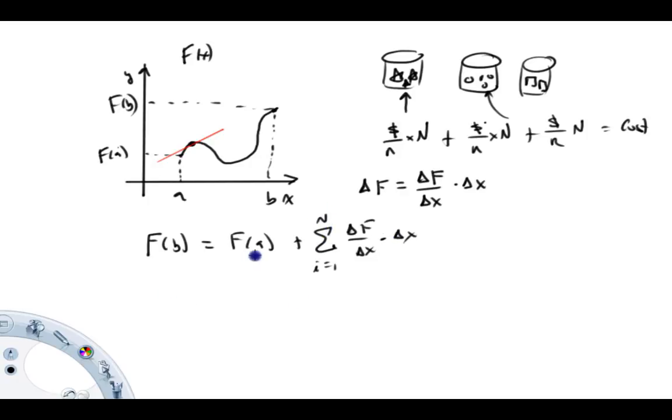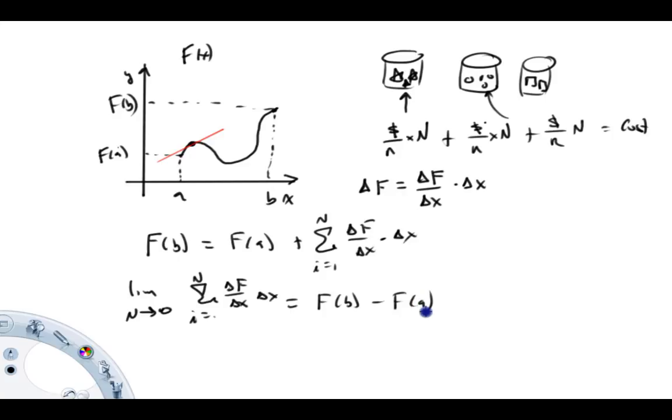So I'm going to rewrite this by moving this to the left and putting a limit in front of it. What we have is the limit as n goes to infinity of the sum from i equals 1 to n of delta f over delta x times delta x equals f of b minus f of a.